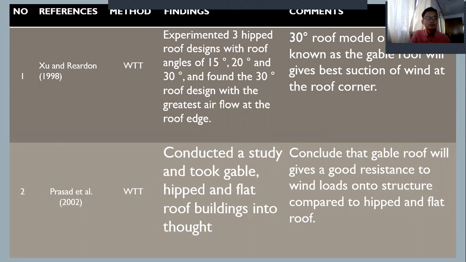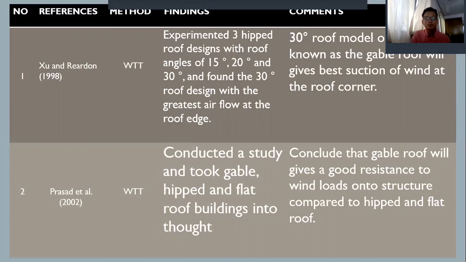For the literature review part, the first reference is by Zhu and Reardon in 1998, using the wind tunnel test method. They experimented with three roof designs with roof angles of 15, 20 and 30 degrees, and found that the 30 degree roof design will have the greatest airflow at the roof edge.